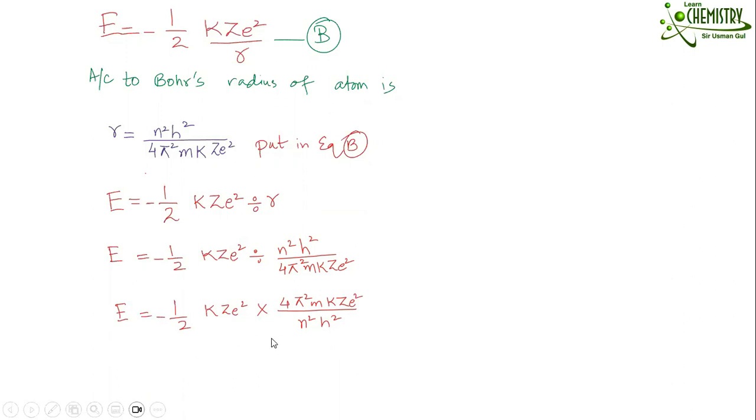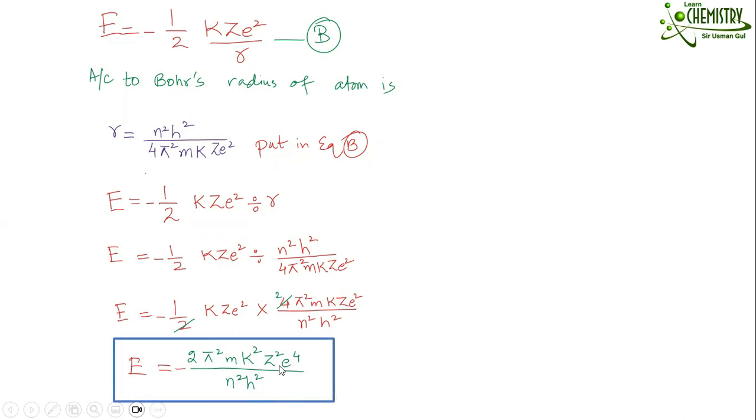Now we will try to simplify as much as possible. This 2 can be cancelled by this 4. 2 ones are 2, 2 to the 4, and after that the upper part will be multiplied by this kz square. So after this, how can we write? E equals minus 2 pi square m k square z square e power 4, the reason being that there is e power 2 here and also e power 2 here.